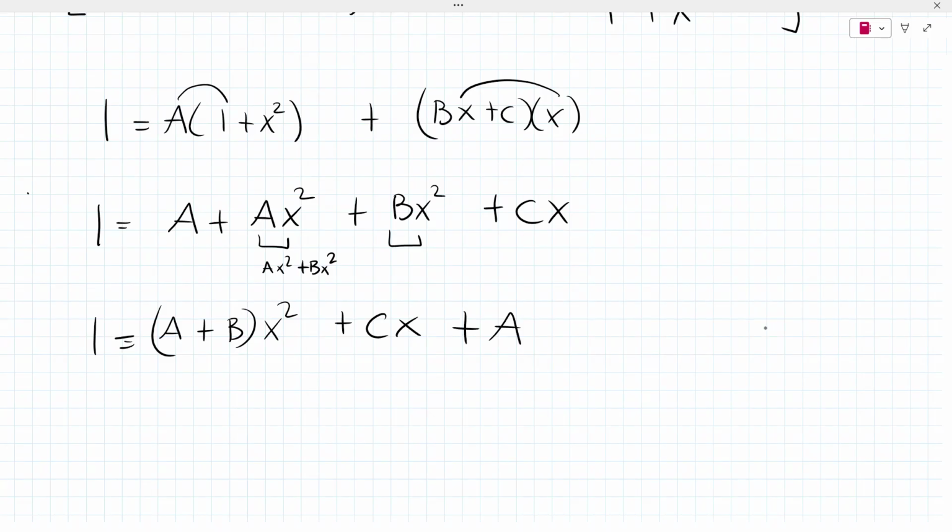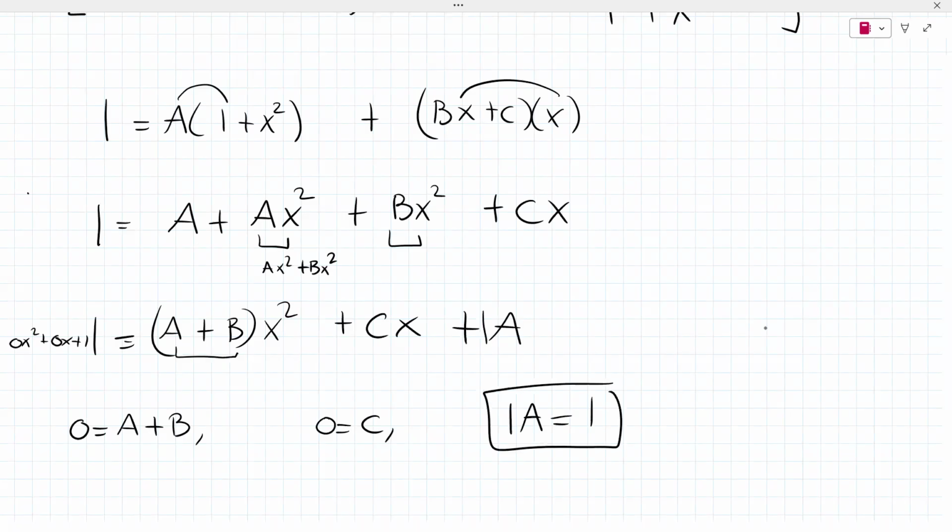Then you group them. On the left side, there's no x squared; it's like 0x squared, then 0x, and then a constant 1. So A plus B, the x squared coefficient, goes with 0: 0 equals A plus B. And Cx equals 0 because there's no x, so C equals 0. Then A equals 1, so you already have one value.